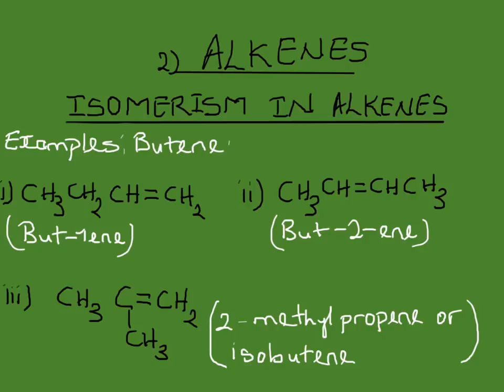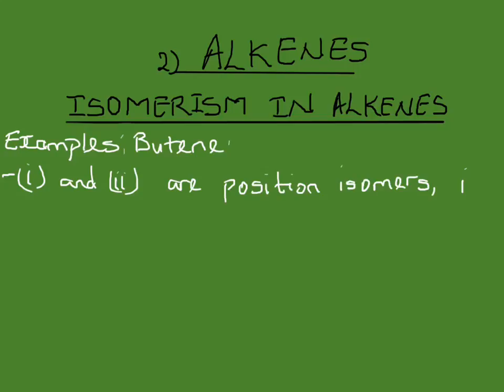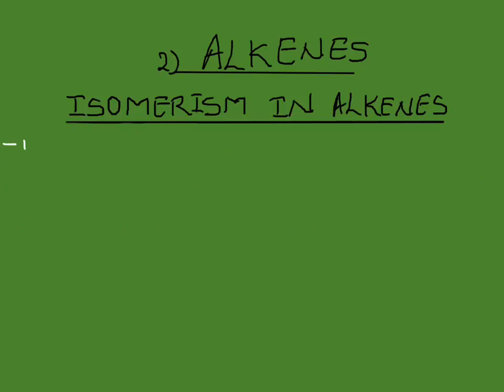That methyl group, as it is attached on the second carbon atom, gives rise to the name of the compound as 2-methylpropene. The longest chain there is 3 carbons, and 3 carbons refers to prop, that is propene in this case, because it is an alkene. 1 and 2 are position isomers. 1 and 3 are chain isomers.